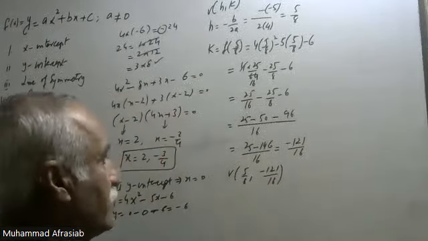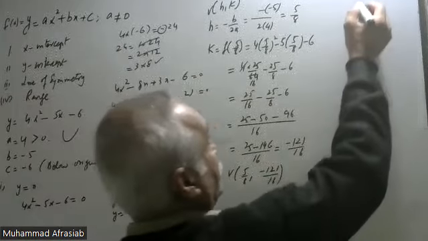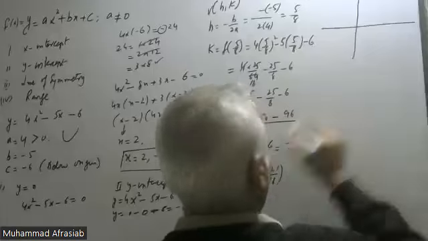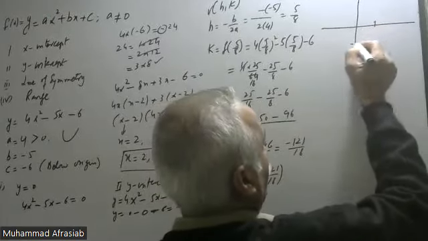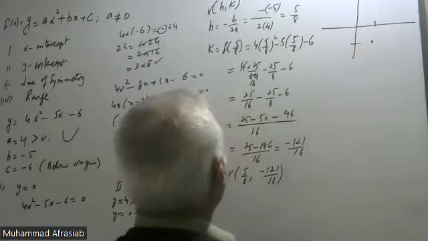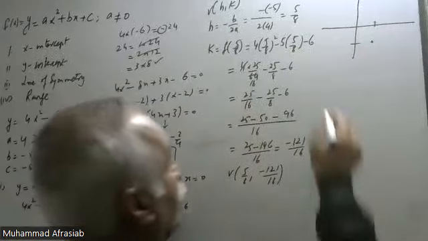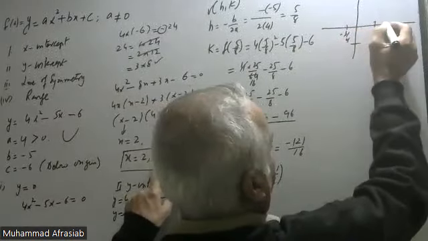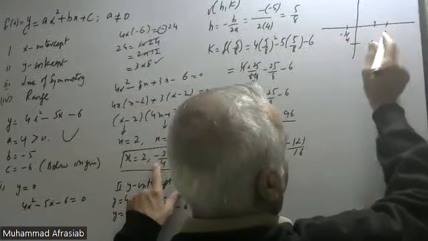And now we will draw the sketch of this. x is positive, y is negative, so it should go in this part. The x-intercepts are 2 and minus 3 by 4. So it is minus 3 by 4, and let's say that is 2 there.